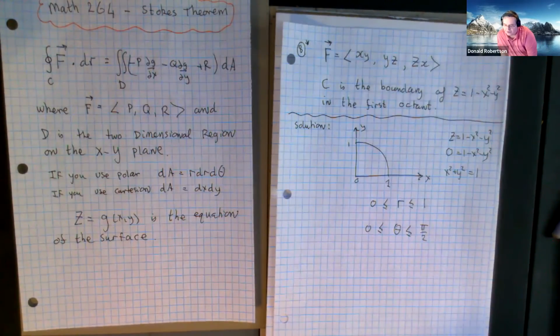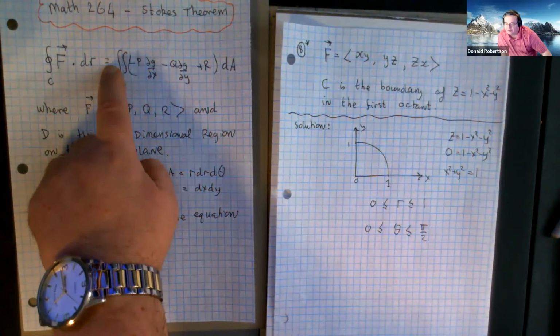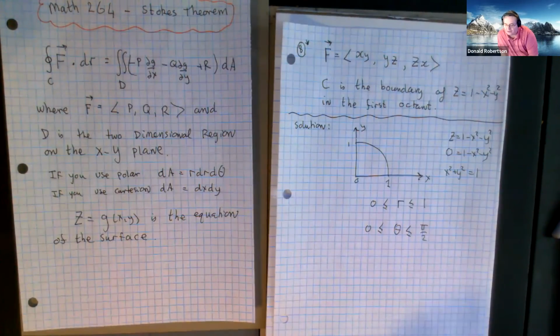If the orientation is downwards or negative orientation, you just stick a negative in front of this to get the answer. So if your answer is 42 and it doesn't work, try negative 42. It could just be an orientation issue. And that's easy in homework, and it's very easy in the final, because I'll just make sure everything's positive, so you don't need to worry about negative orientation.